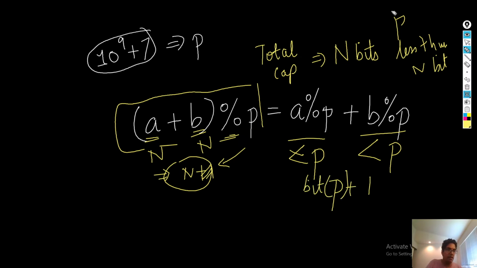Since the size of p is less than n, this actually would be less than n. So in this way, instead of having an n plus 1 bit and having to ignore a bit and getting the wrong answer, you can bound this by p and then take the addition. So that's why when you have counting problems, when you have calculation problems, it is usually the case that the answer has to be taken modulo p.